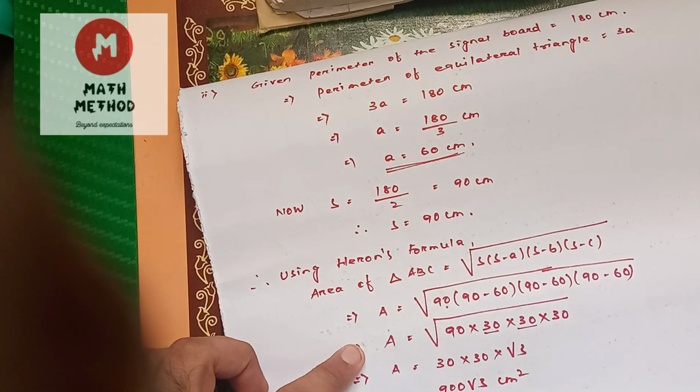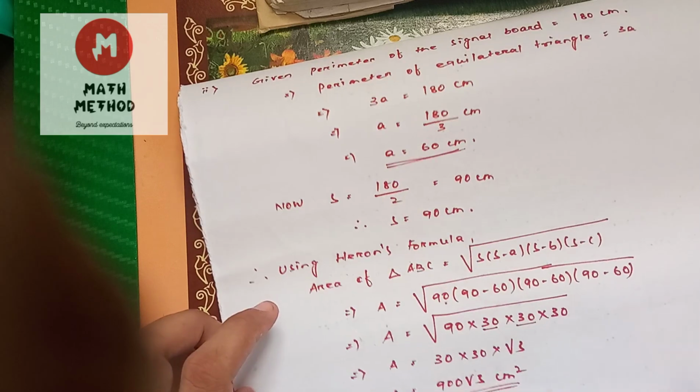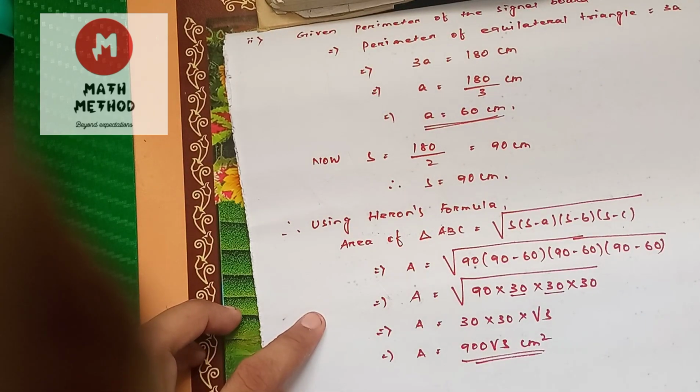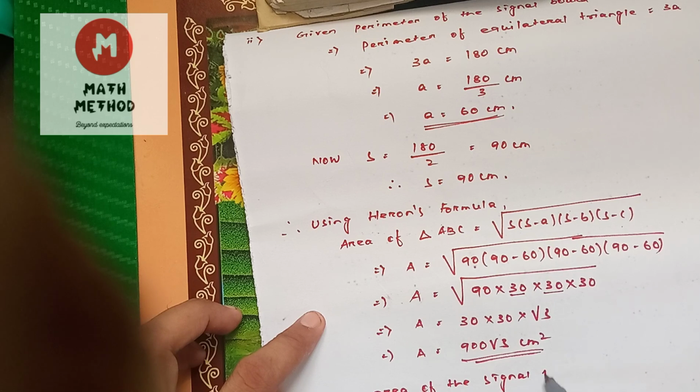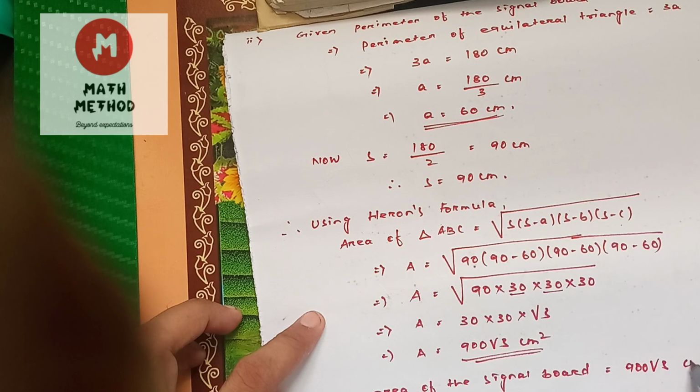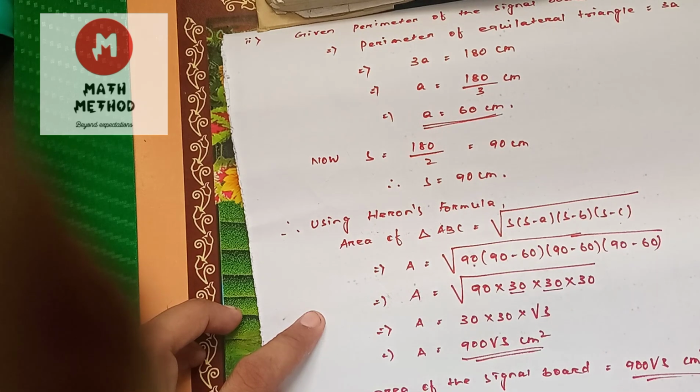This is our answer. What will be the area of the signal board? The area of the signal board is equal to 900 root 3 cm square.